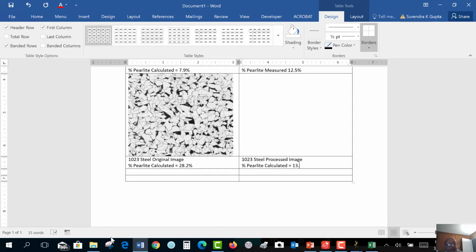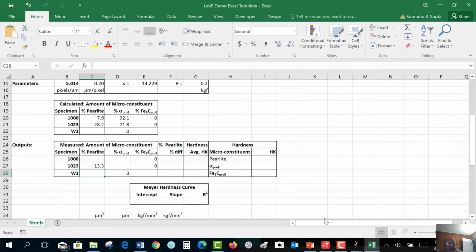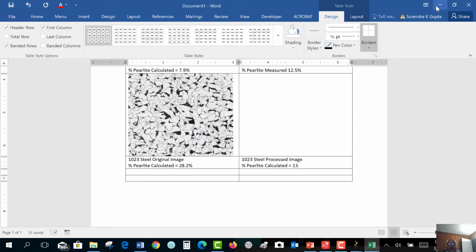This was 12.5. Okay. Pro-eutectoid component. Again, our value is much, much smaller than what we expect, but this is just one of the images. Let's keep track of it.